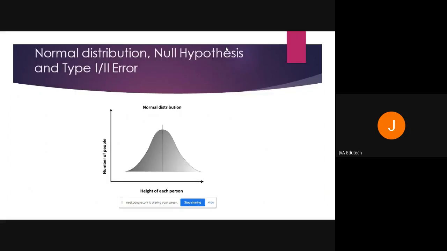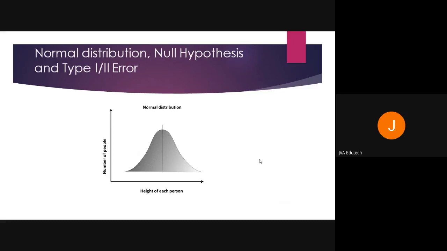So, the concept of hypothesis comes basically from the normal distribution. In the previous session, I talked about this normal distribution, the bell-shaped curve, where you have a fair representation of the population.